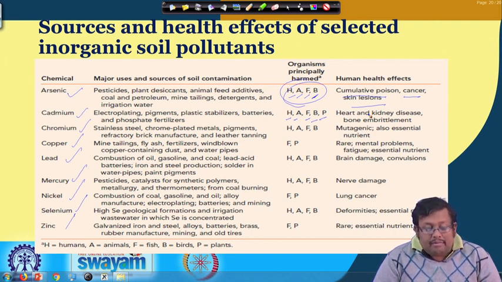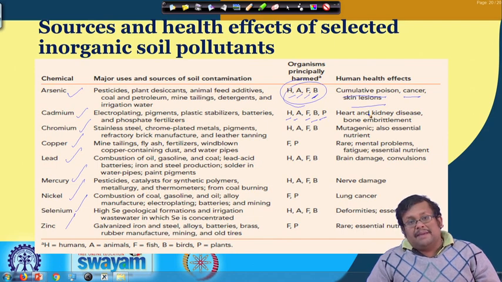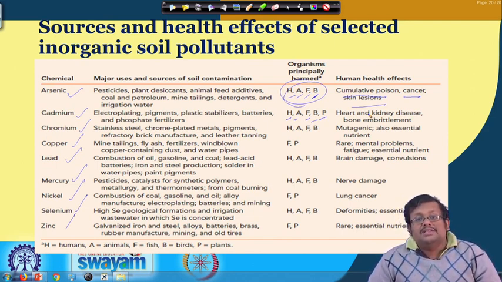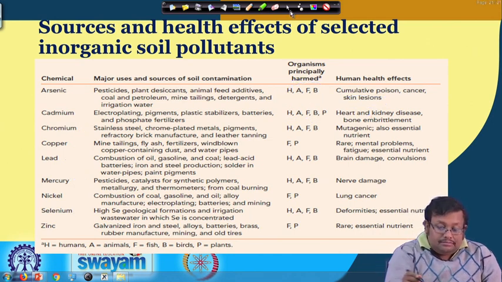Except for plants, it can also harm humans, animals, fish and birds. Its human health effect is a mutagenic effect, and also remember that it acts as an essential nutrient. So this table basically shows a snapshot of important inorganic soil pollutants, their sources and their harmful human health effects.